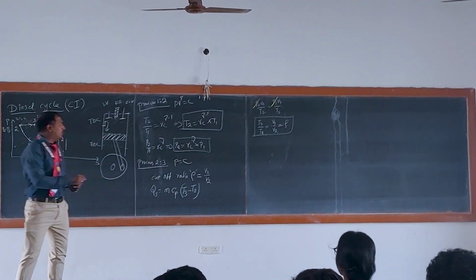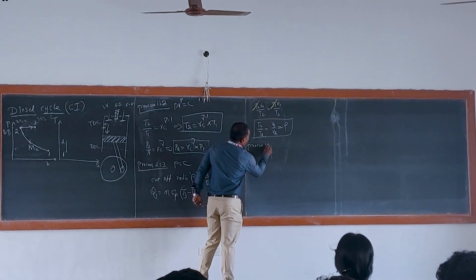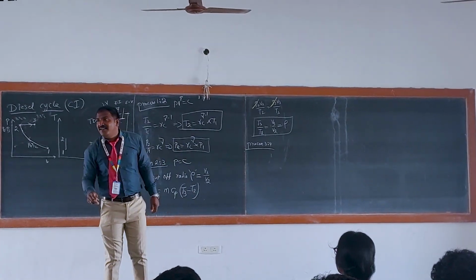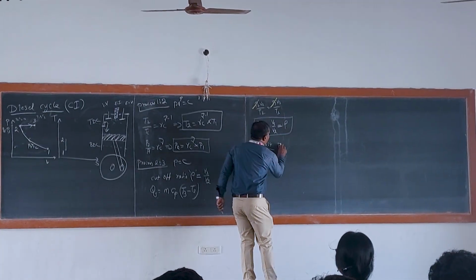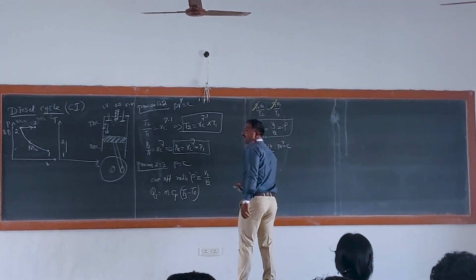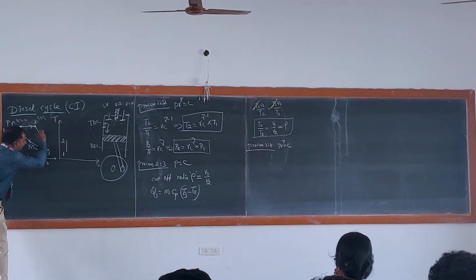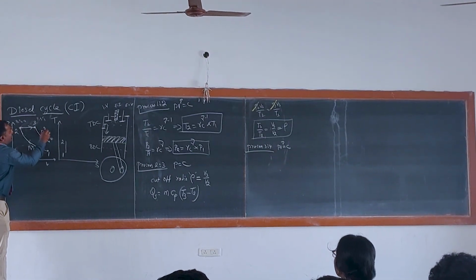The next process, 3 to 4. What is the name of that process? Reversible adiabatic expansion. PV power gamma is equal to constant. Same only, so the expansion takes place. This is our point 4.